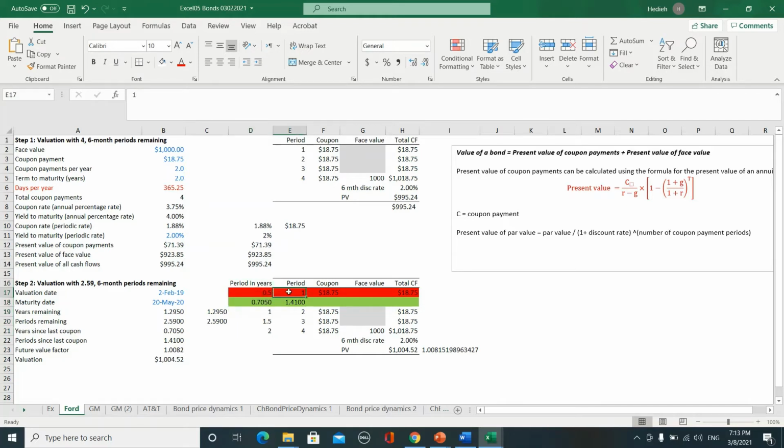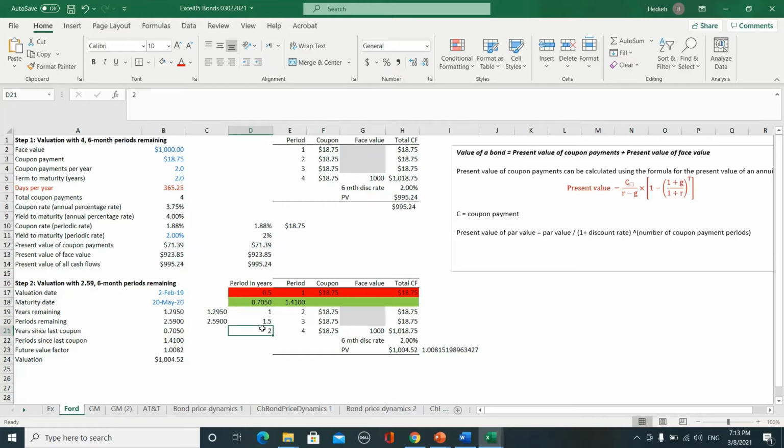So when you're in period 1, 0.5 years has passed, right? 6 months has passed. When you are in period 2, 1 year has passed. When you are in period 3, 1.5 years has passed. And when you are in period 4, 2 years have passed, okay?